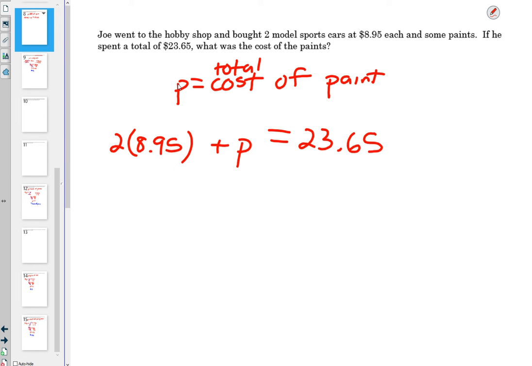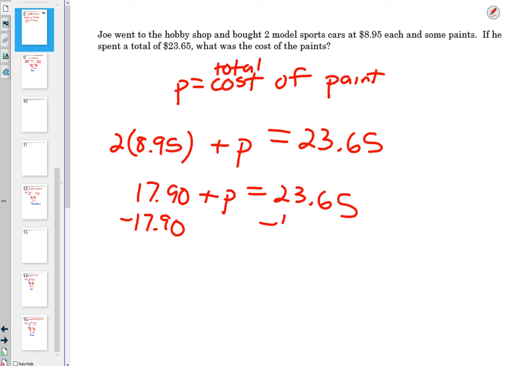Oh, that's a little different, yeah. So 2 times $8.95 is $17.90, I believe. Did I do that wrong? I think that's right. Because the calculator is broken. Minus 17.90, minus 17.90.